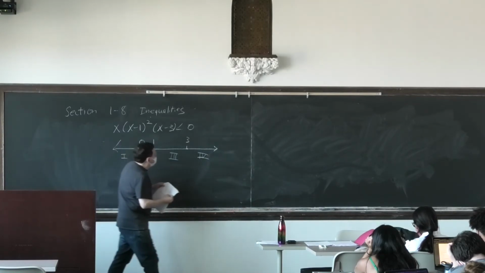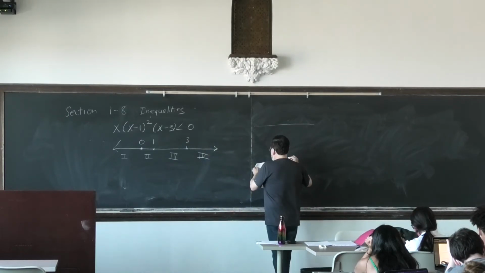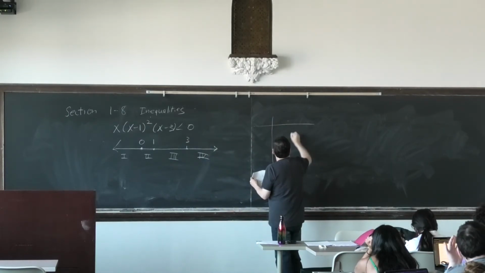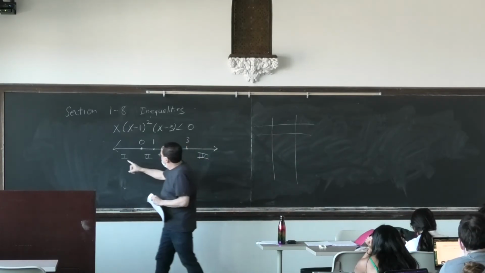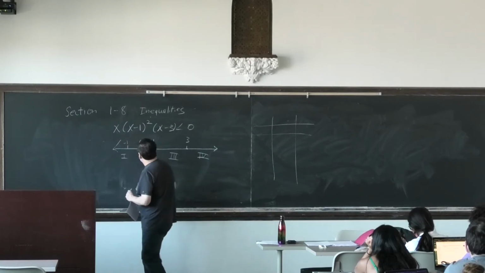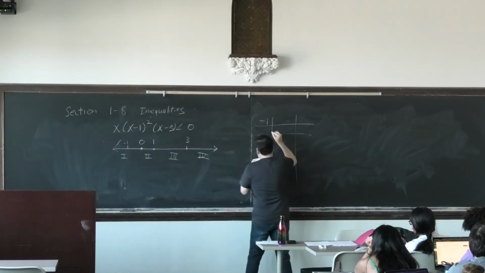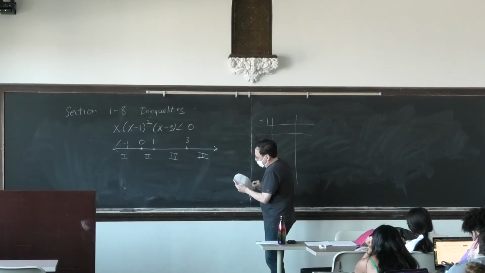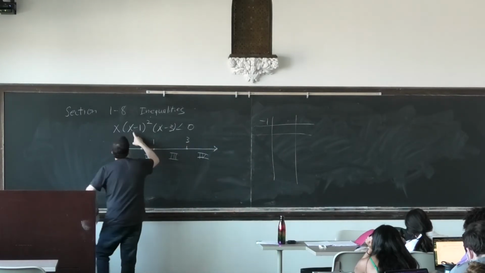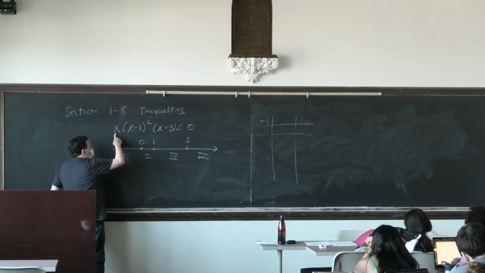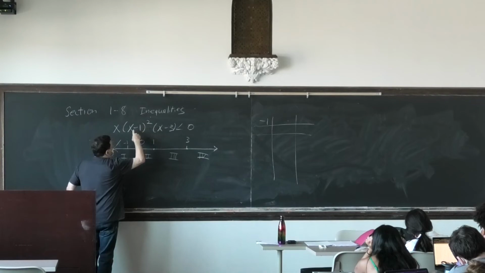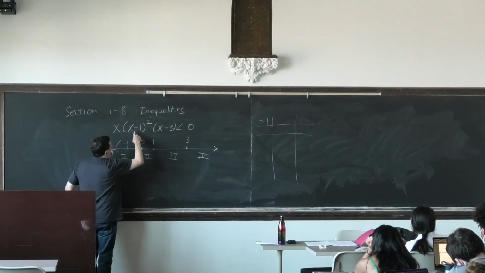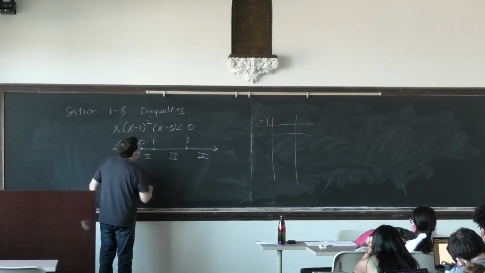So, in this case, it might be useful to make a little chart. Let's start down here, minus 1. So what do we get here? It's minus 1, minus 1 minus 1 squared, that's 4.